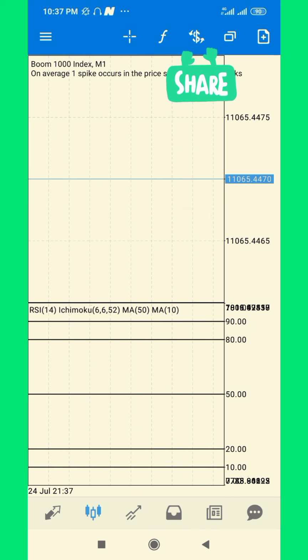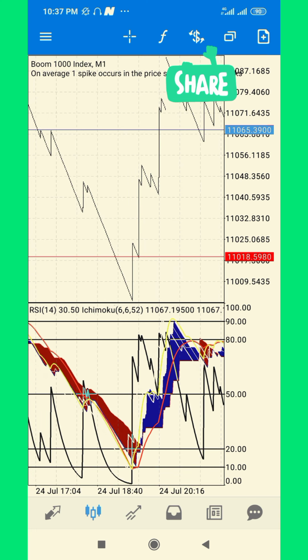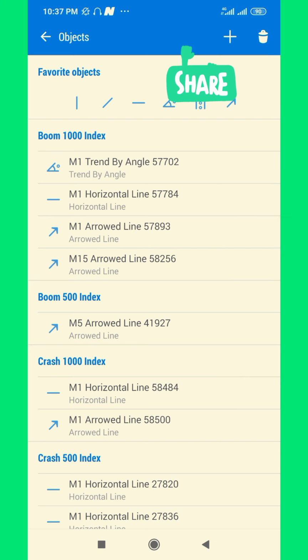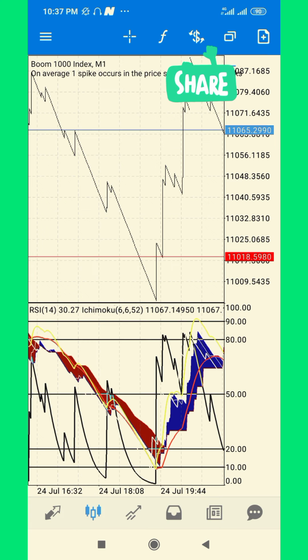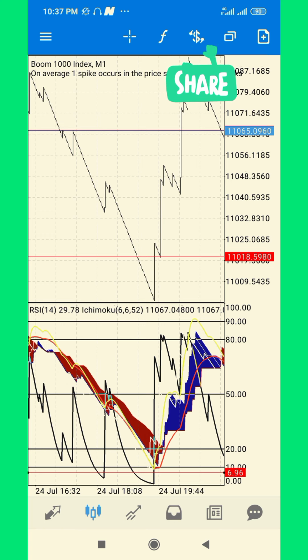In Boom 1000, when all our indicators, our Ichimoku, our moving averages, our RSI, are in this downward direction, in between 20 and 10, you place your market, you will definitely be in profit. Look at the kind of spike that is giving you.